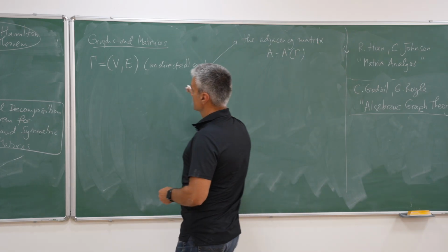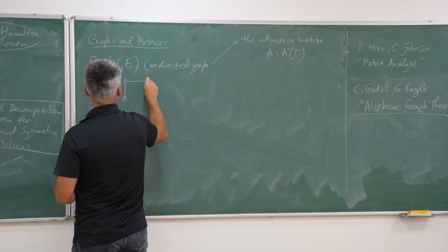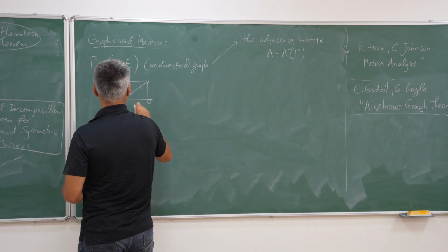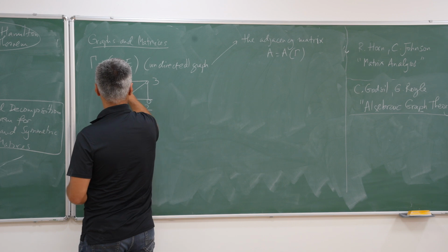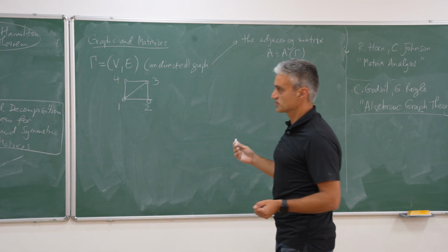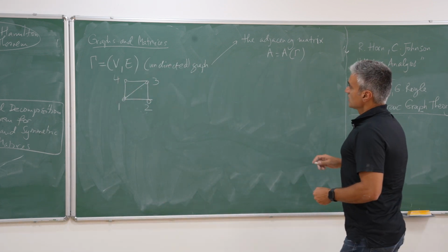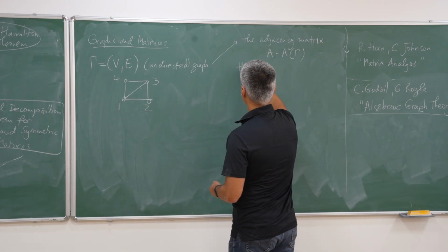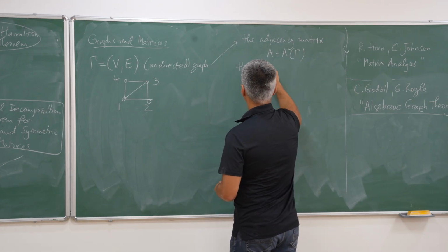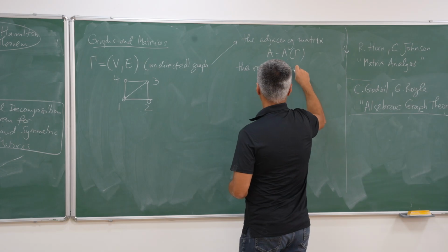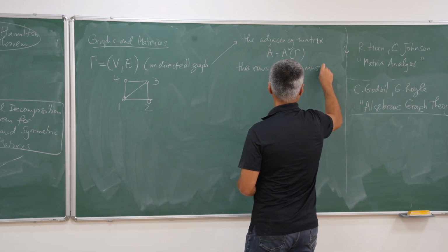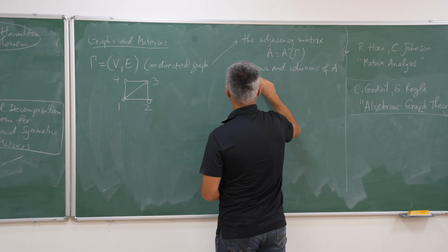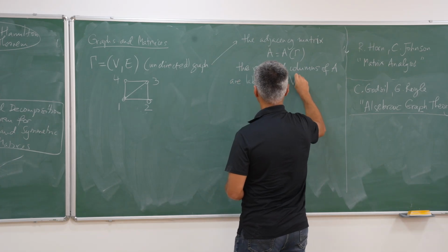Let's do it by an example. Let's say this is my graph, vertices 1, 2, 3, 4. Just a silly graph. And the adjacency matrix, the rows and columns of A are labeled by the vertex set.